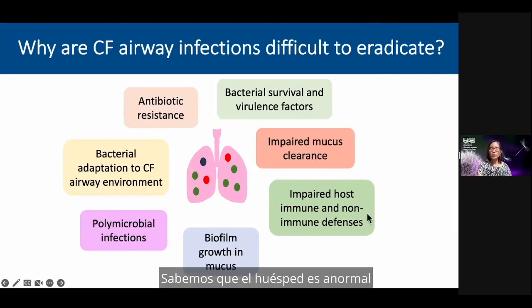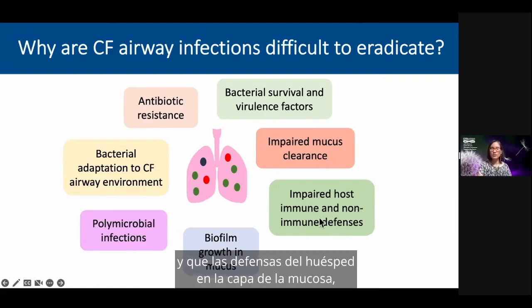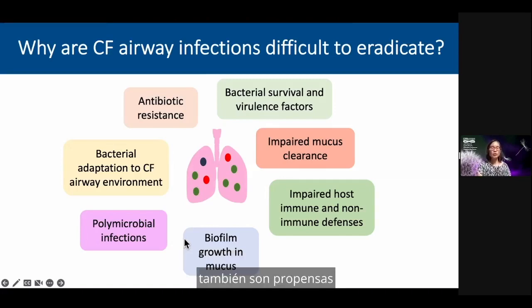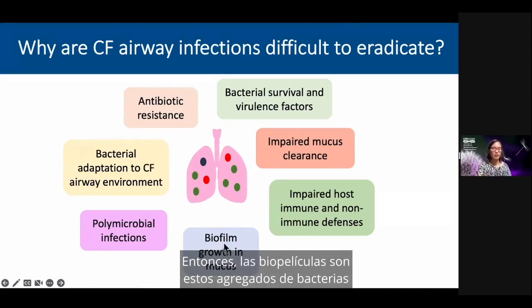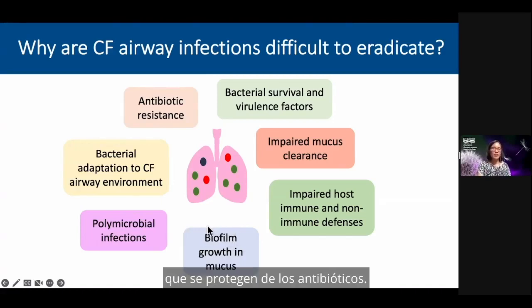We know that the host is abnormal, with abnormal mucociliary clearance, and the host defenses at the mucosal layer, as well as the immune cells, are not working completely optimally. But the bacteria in the CF secretion environment are also primed to not be as sensitive to antibiotics because they're growing as biofilms. Biofilms are aggregates of bacteria that become sheltered from antibiotics.